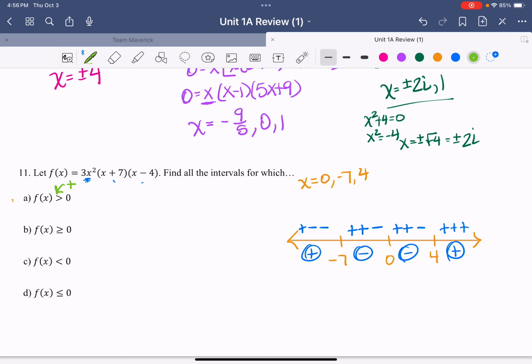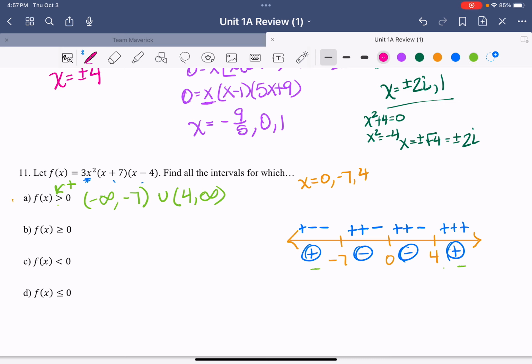I cannot include 0, so I just pretend I have open circles. The positives are here and here. So I'm going from negative infinity to negative 7, not including it because there's no line underneath there, and then from 4 to infinity.